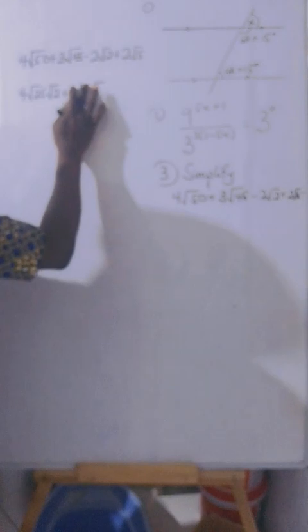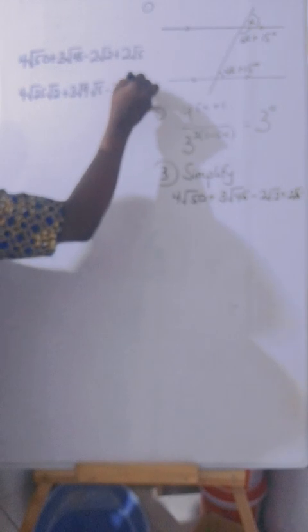So like this is 3 root 45. 9 is a perfect square number.